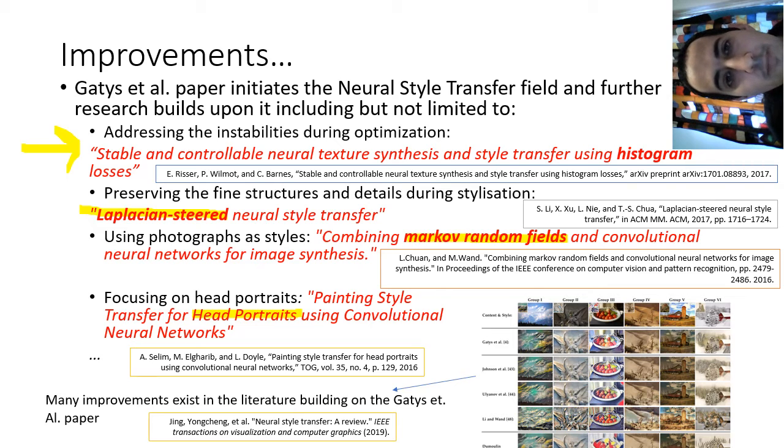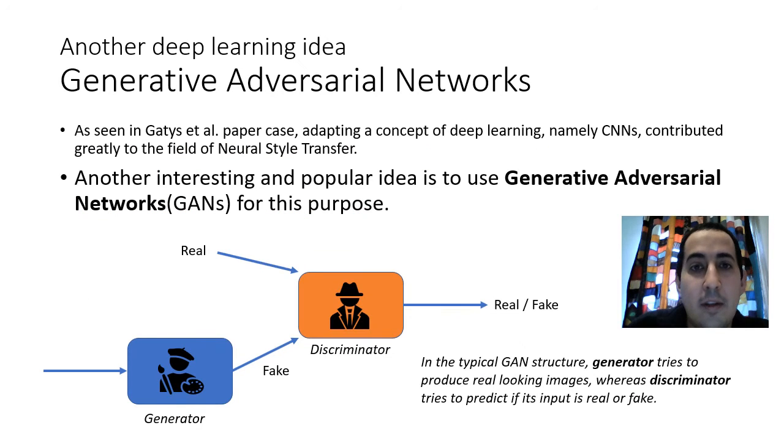To sum up, we have seen how CNNs can give impressive results in terms of style transfer. Another popular approach is adapting generative adversarial networks to realize style transfer.